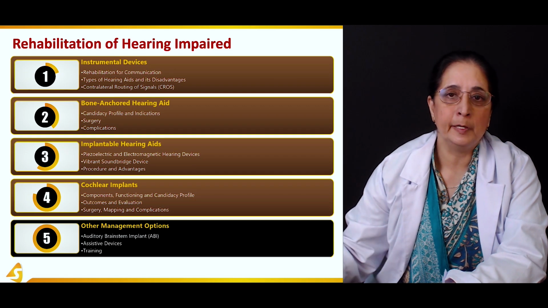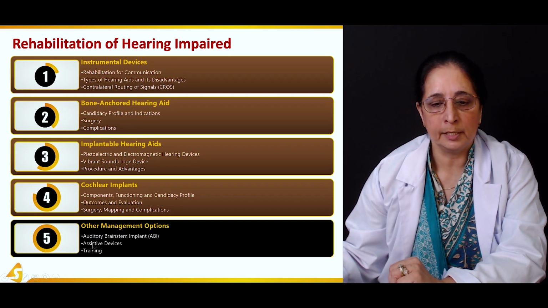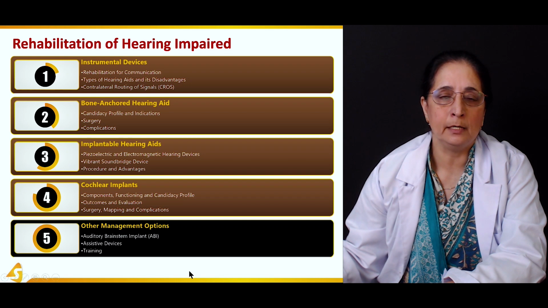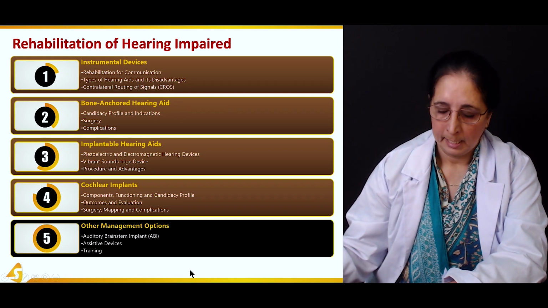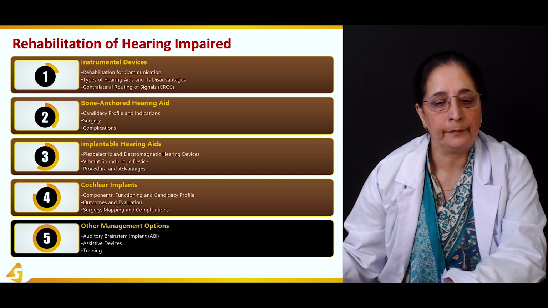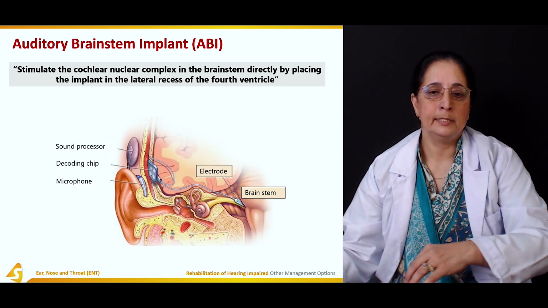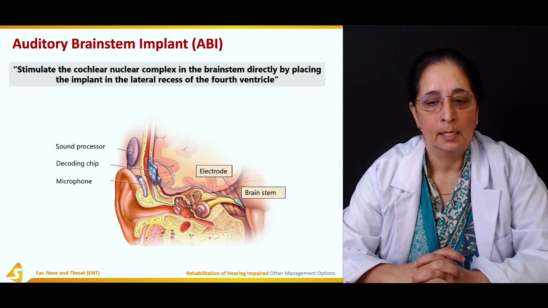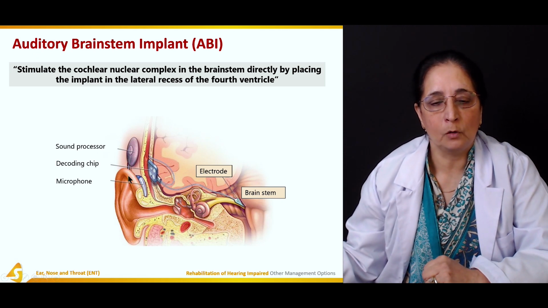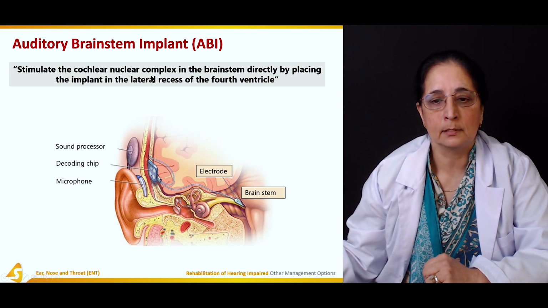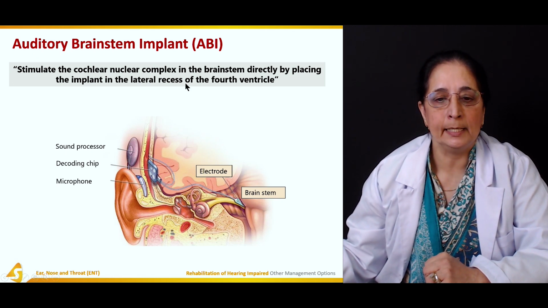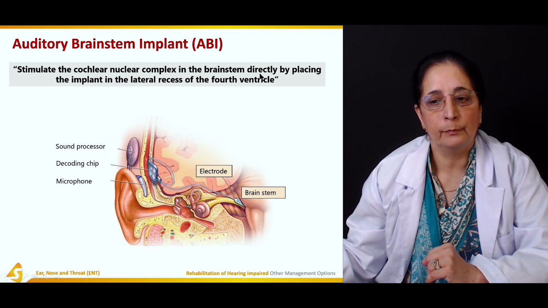These management options include the auditory brainstem implant, assistive devices, and some training available for individuals who are hard of hearing. The auditory brainstem implant stimulates the cochlear nucleus complex in the brainstem directly, by placing the implant in the lateral recess of the fourth ventricle.